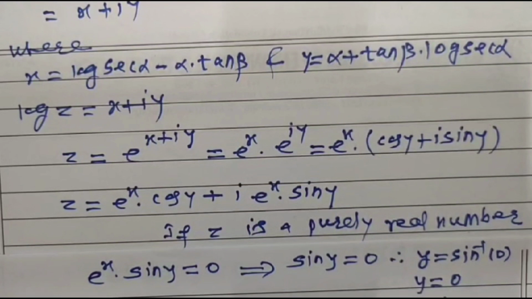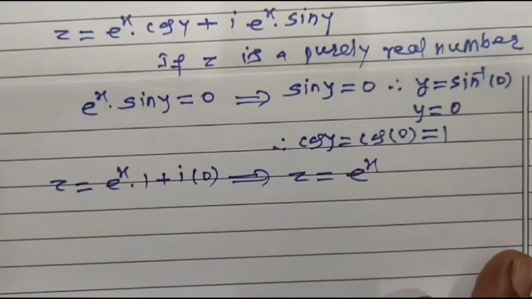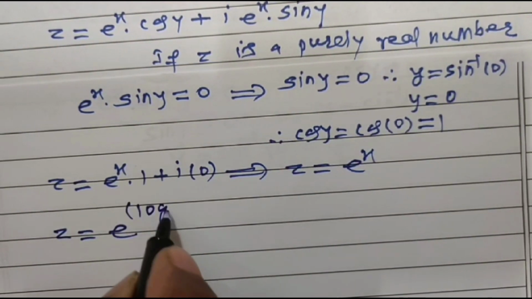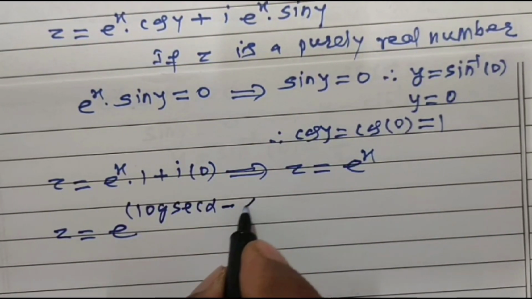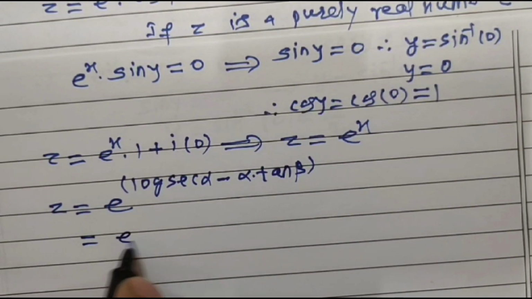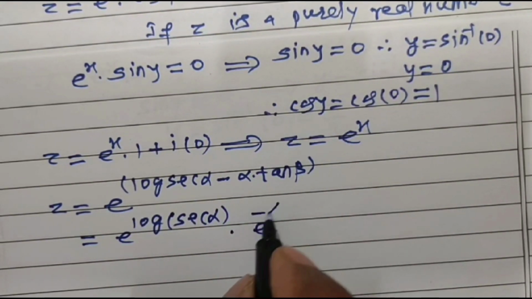But we have assumed x is equal to log of sec alpha minus alpha tan beta. Hence we can write z is equal to e to the power (log of sec alpha minus alpha tan beta), and this can be written as e to the power log of sec alpha into e to the power minus alpha tan beta.